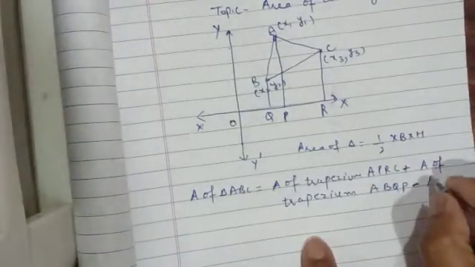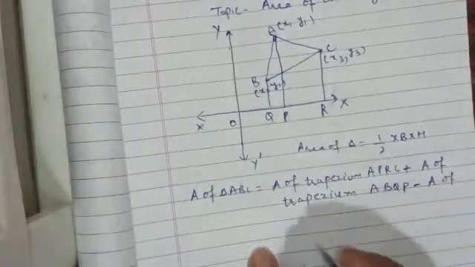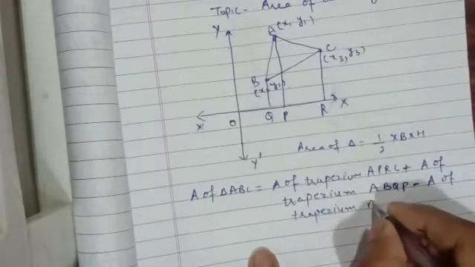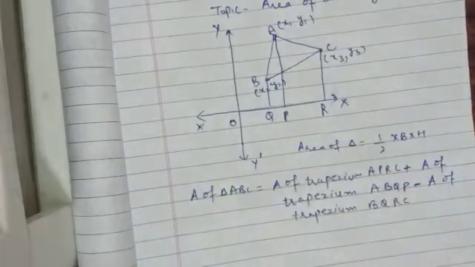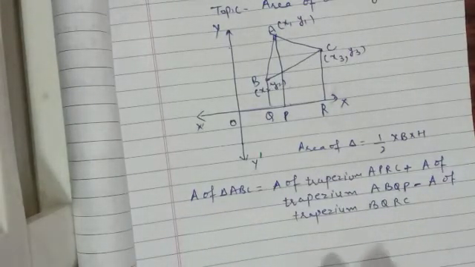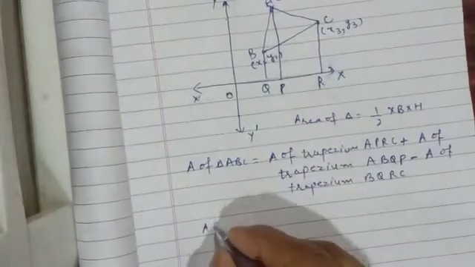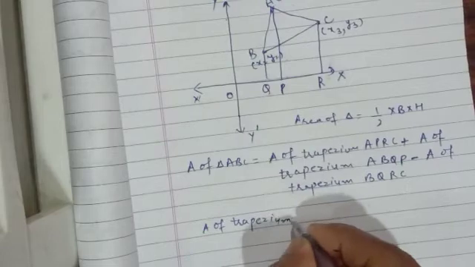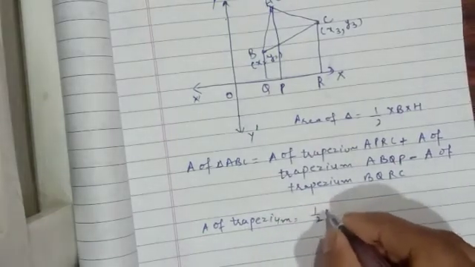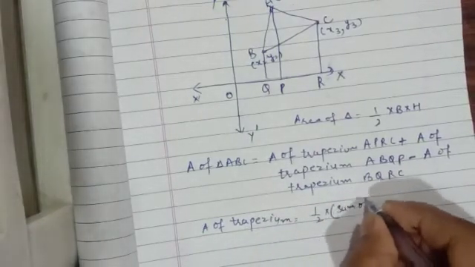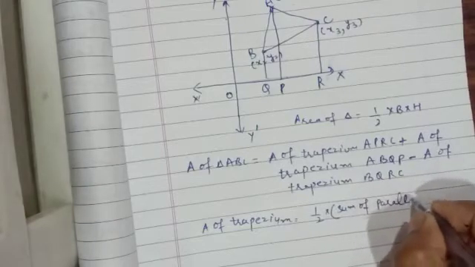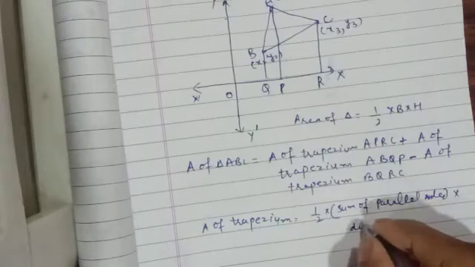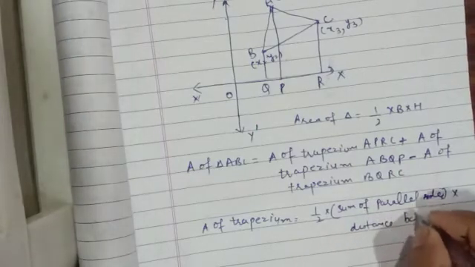From this I have to subtract the area of one more trapezium, that is BQRC. We all know the area of a trapezium is equal to, the formula I am writing here, you may note it down. Area of trapezium is half into sum of parallel sides into distance between them.